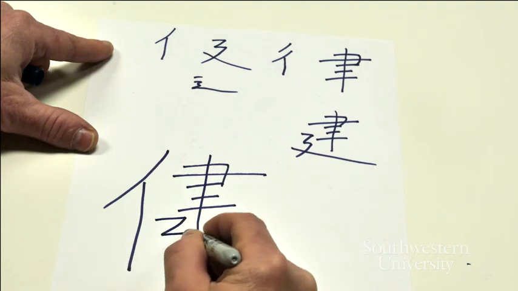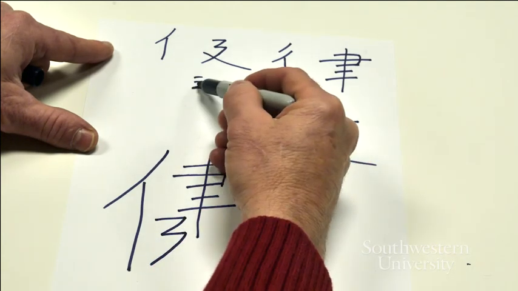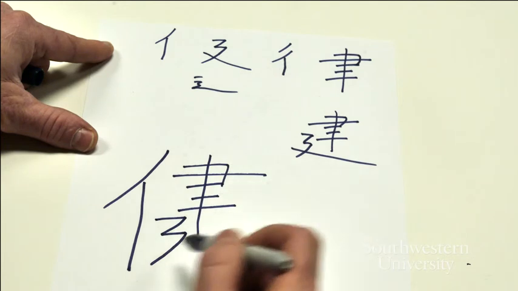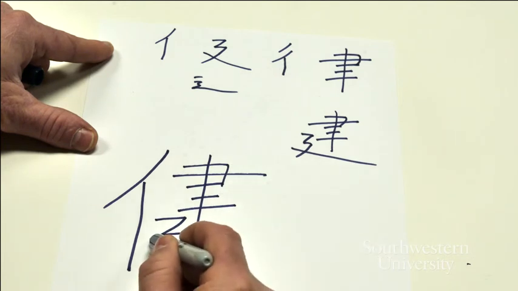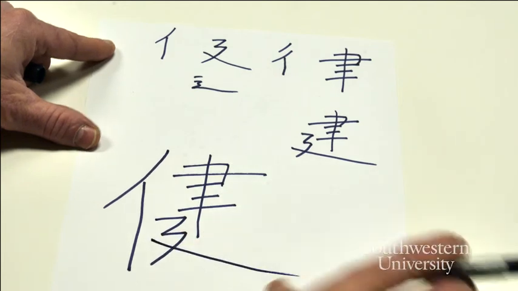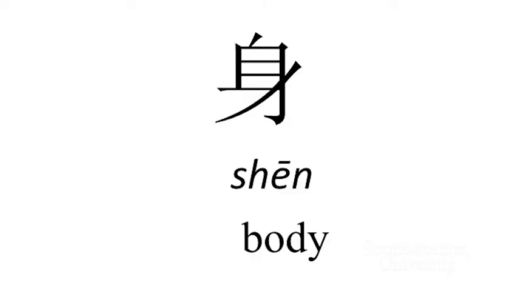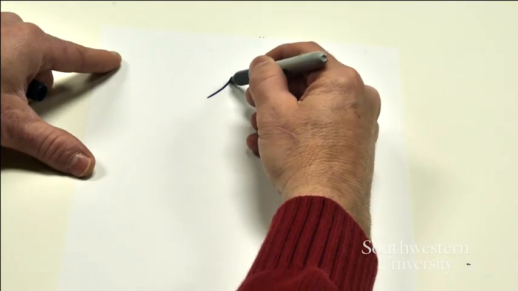And instead of connecting it, and there's no dot on the top, you cross the stroke through here. Shen. This is a depiction of a person with an extended belly.